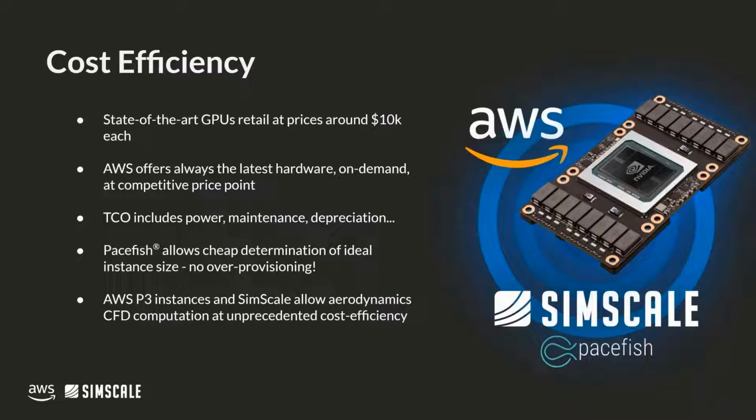To make sure we use those instances efficiently, Pacefish allows us to run a short initial phase of simulations on a CPU cluster to determine the resource requirements for the final run. That allows us to pick the ideal GPU instance for the job. The cost savings of AWS instances combined with Pacefish's over-provisioning checks allow for unprecedented cost efficiency of the solution.